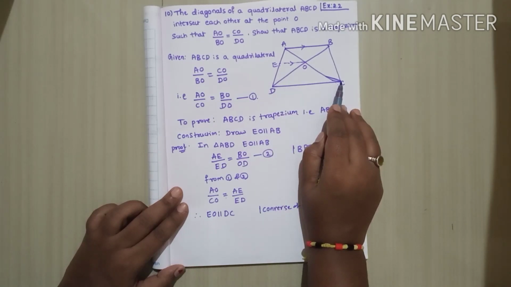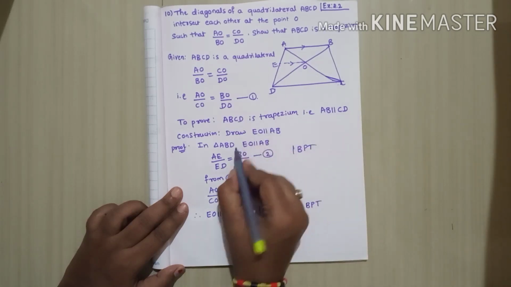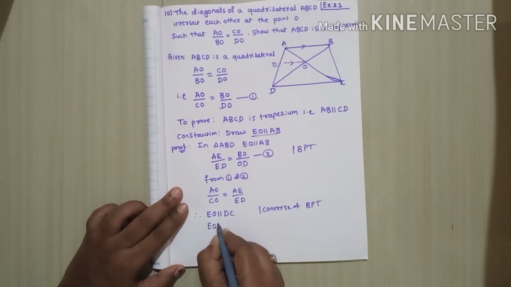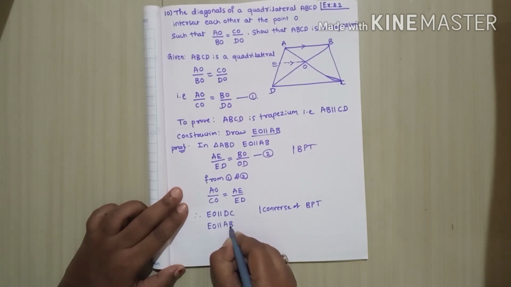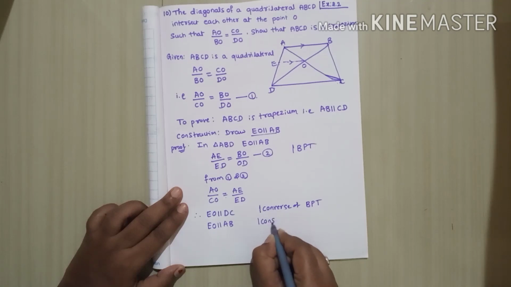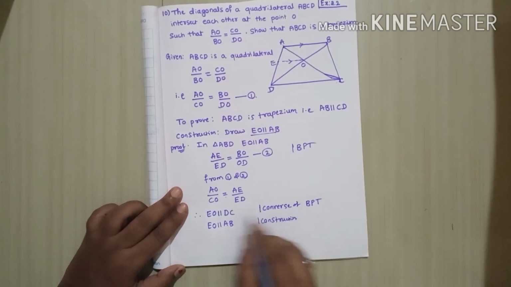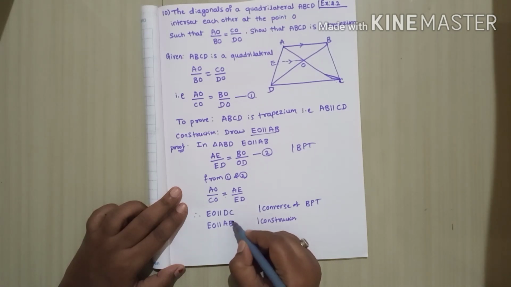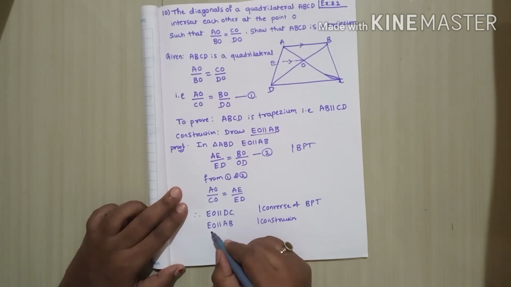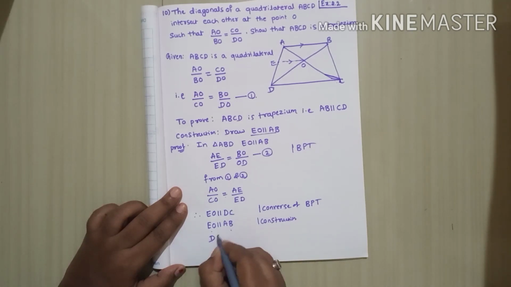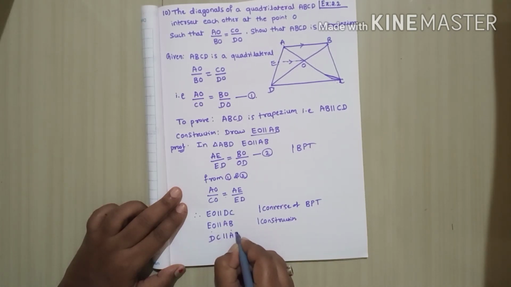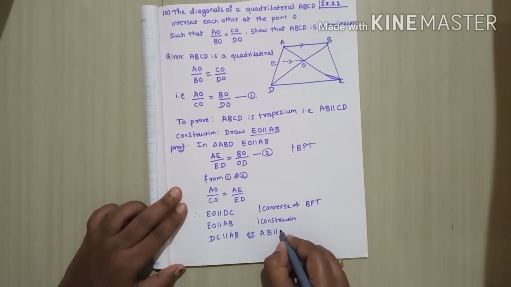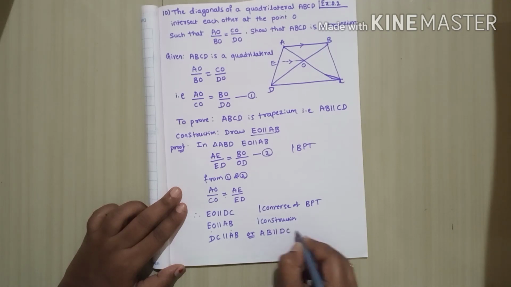Now you see, EO is parallel to DC we got. And already we know the construction we did here: EO is parallel to AB by construction. Now you observe this. EO is parallel to DC, EO is parallel to AB also. Means DC is parallel to AB, no? So AB is parallel to CD or DC we can write.